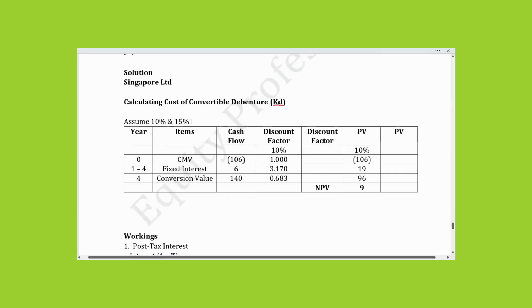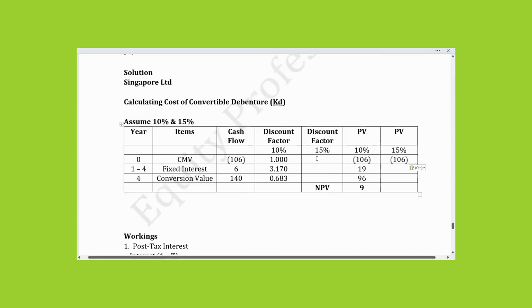We assumed 10%, and that 10% produced a positive NPV of 9. That is why we increased to 15% in order to get a negative NPV. So this will remain 106 in year 0. It will not change. Current market value will remain the same.